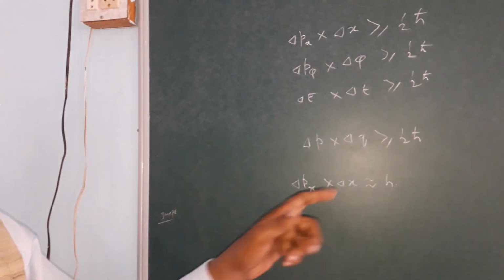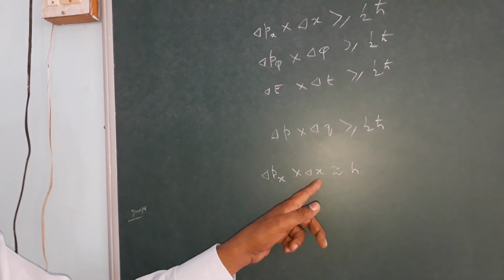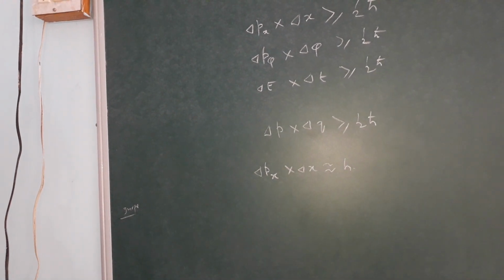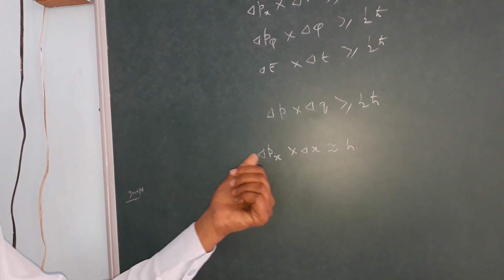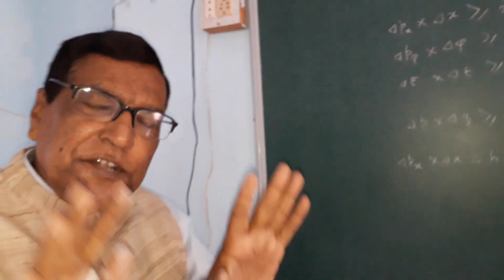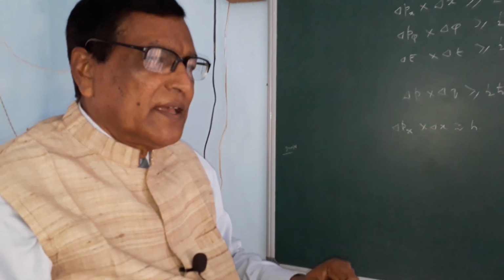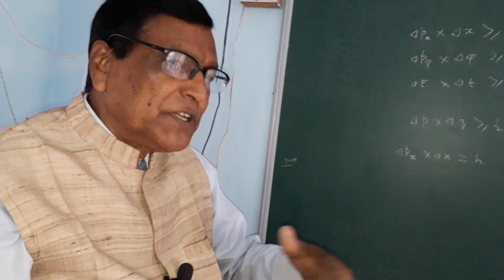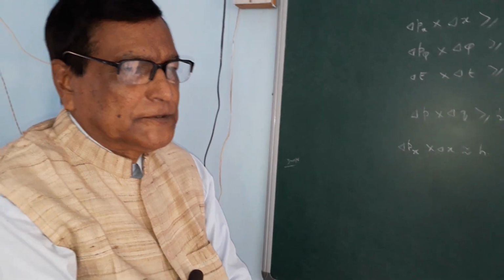It is possible to determine the position very accurately, separately. It is also possible to determine the momentum of that particle along the x-axis very accurately, but it is not possible to determine these two simultaneously and exactly beyond a certain limit.